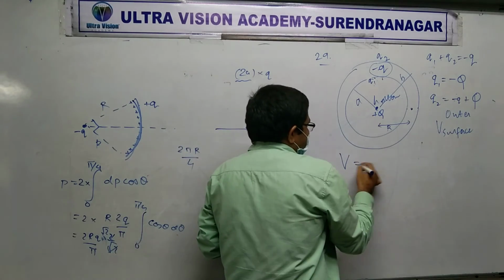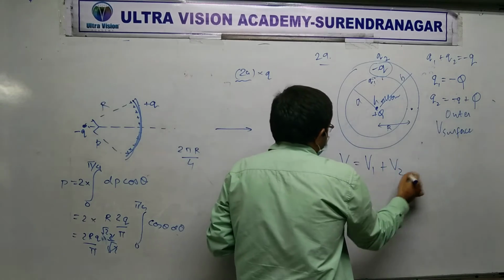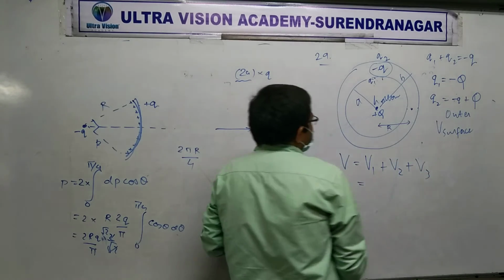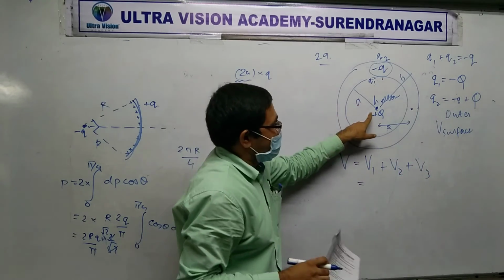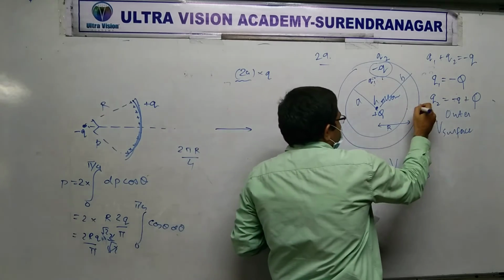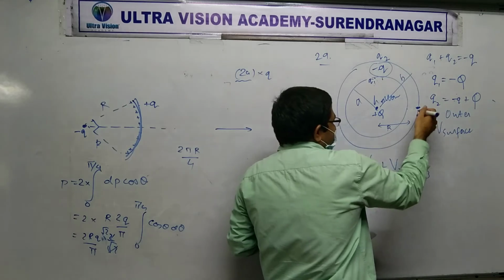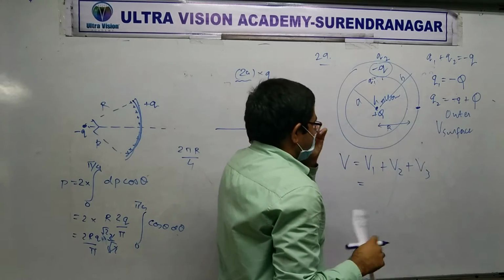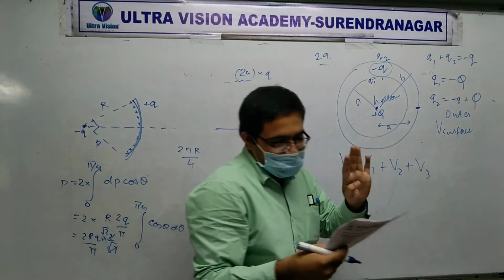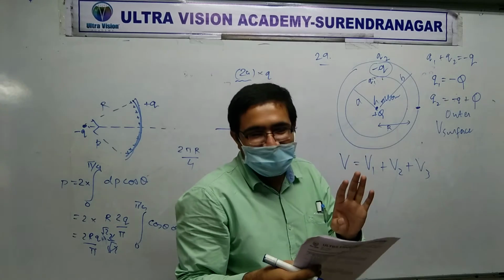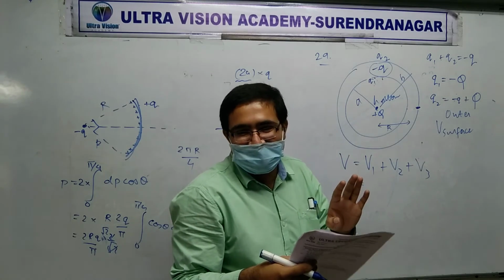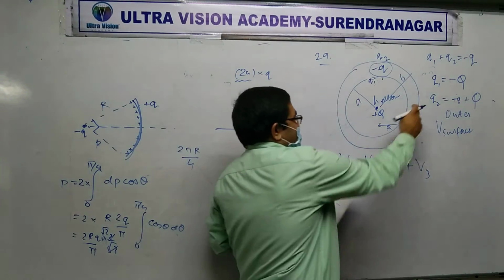So V equals V due to 1, V due to 2, V due to 3. Due to 1 at this point, now, sorry, not at R, at this distance. Is that clear or not clear? Okay, let's find it here.